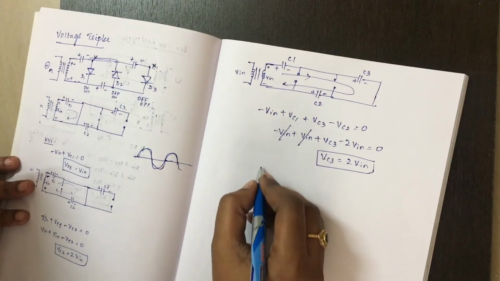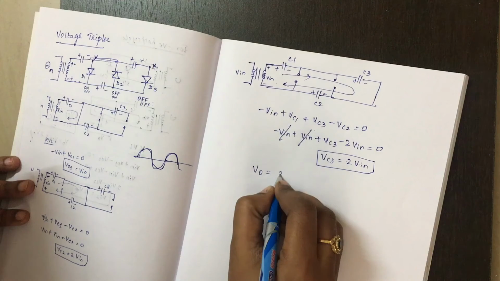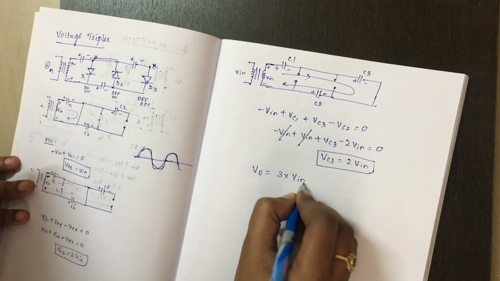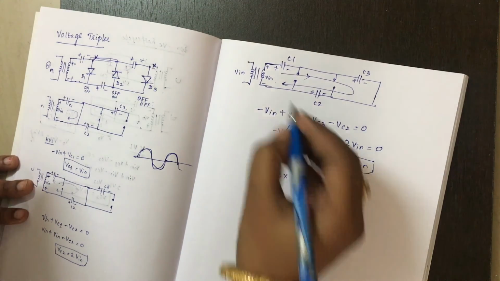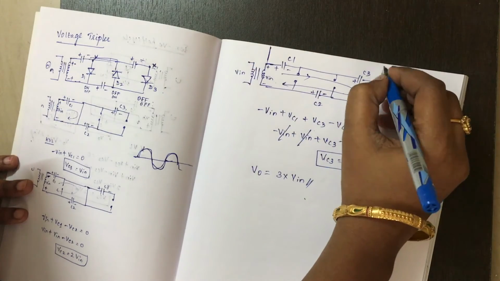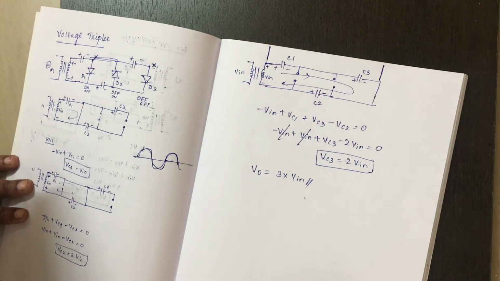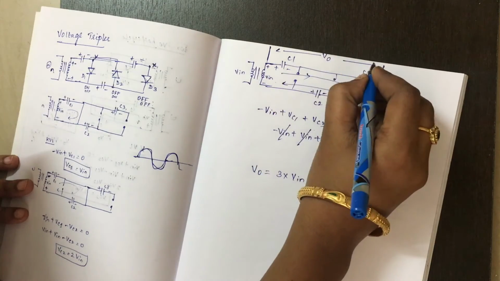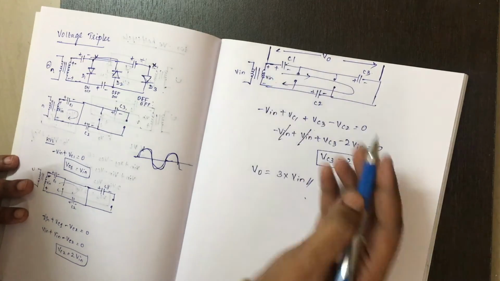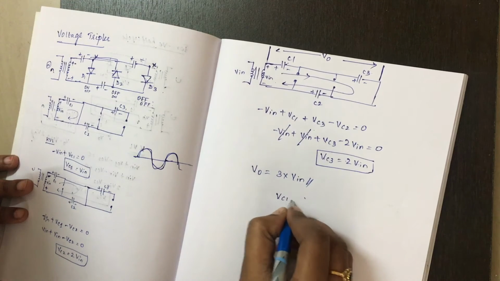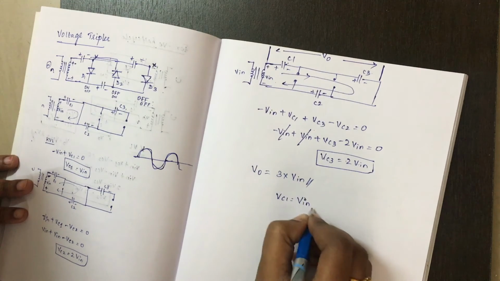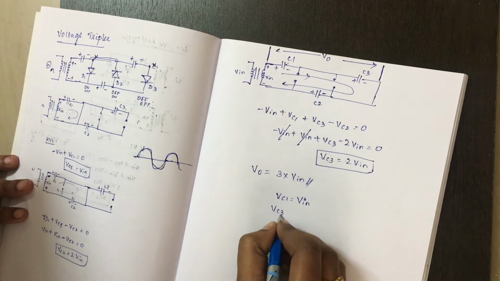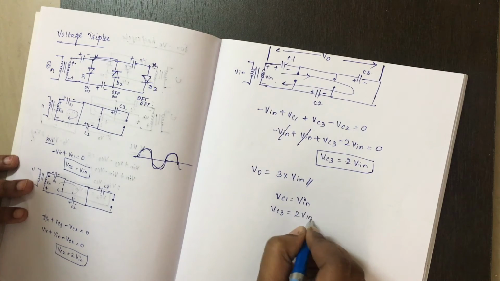But this is a voltage tripler, so we need output equal to thrice the input voltage. So what we will do is take the output across C1 and C3. Voltage across C1 is V in, voltage across capacitor C3 is 2 into V in.